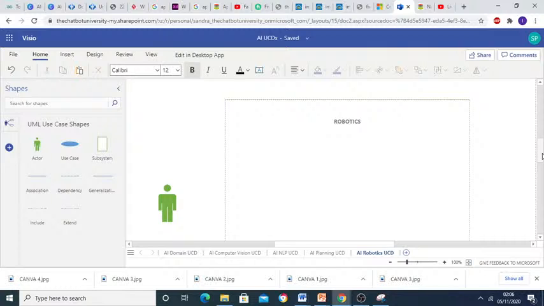Robots use sensors to interact with the physical world. They use cameras to interact with the physical world. Just like humans need eyes to see, robots have sensors to sense and cameras to see. Remember, we spoke a lot about this during the computer vision session. You need to roll back a few videos to see that. So robotics is a very welcome development in the world of artificial intelligence.